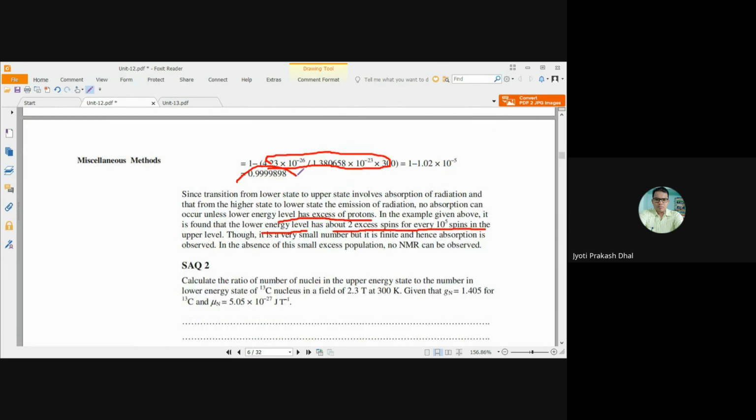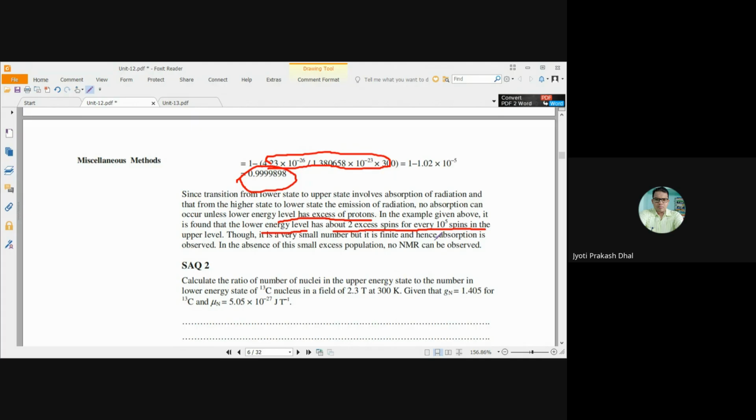So from this ratio, we can know that if the total number of nuclei at the lower energy level is 10 to the power 5, then the number of nuclei at the higher energy level will be 99998.98, approximately.